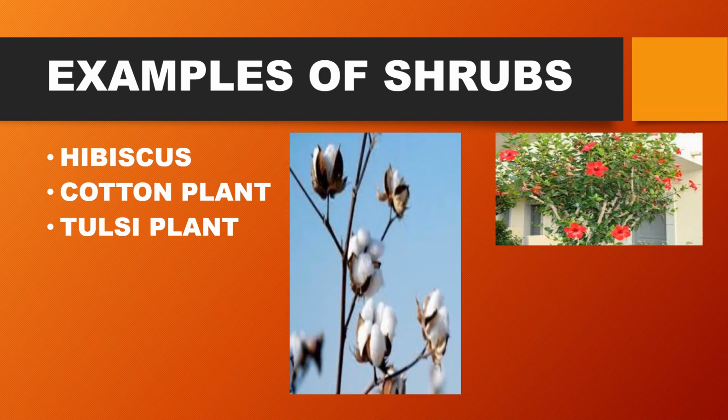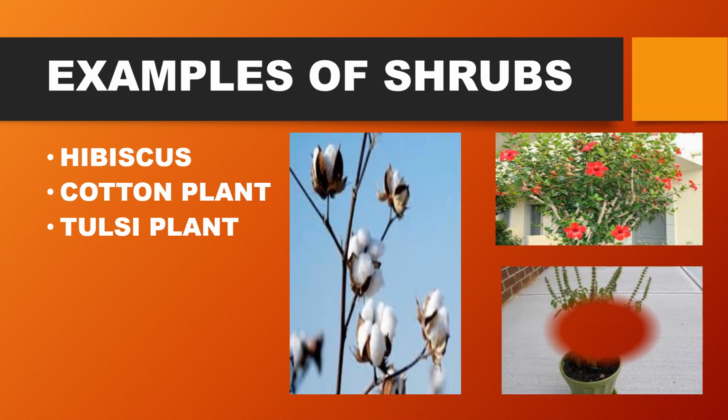Cotton also, can you see the stem? It is a thin and woody stem. And the tulsi plant also is a small plant and it has what kind of stem? Thin stem. So children, the examples of shrubs are hibiscus, cotton plant, tulsi plant.